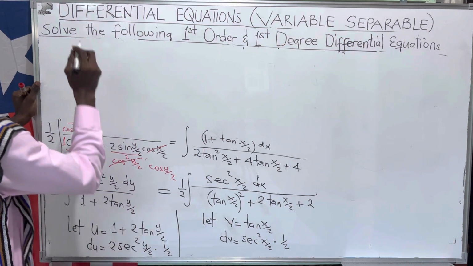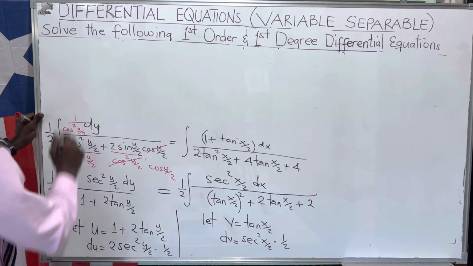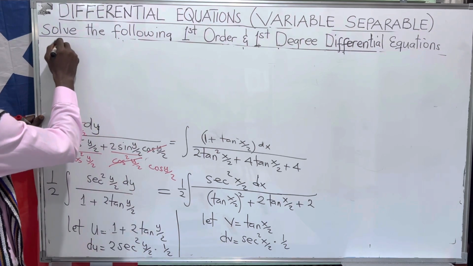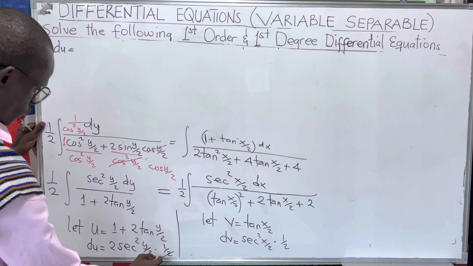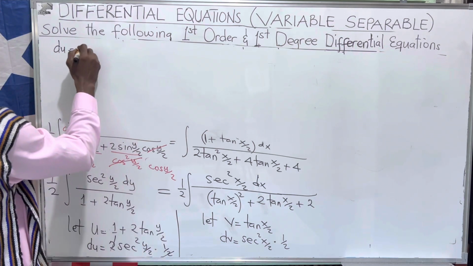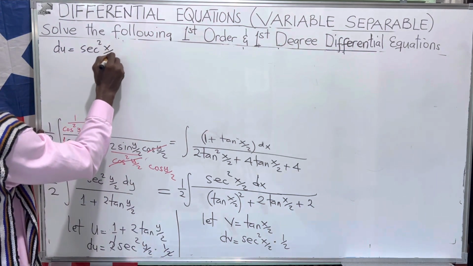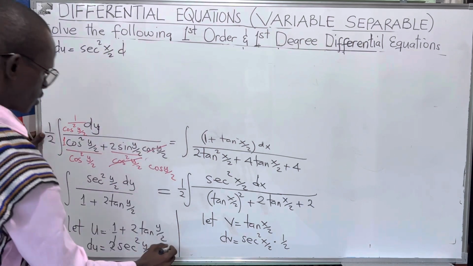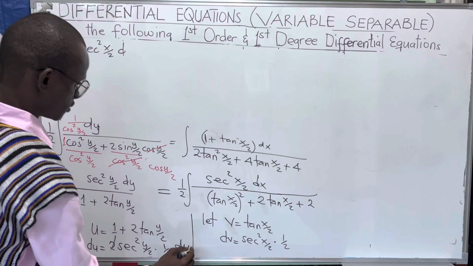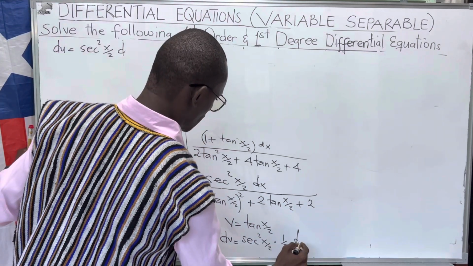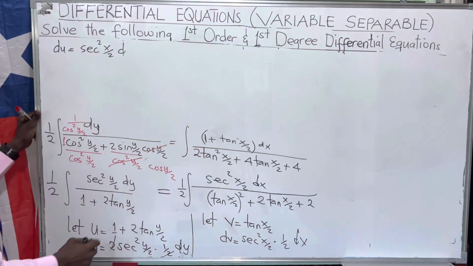So now for this one, we have du. The 2 and 2 go out, so we just have secant squared x over 2, and then attach the dy to it, because we differentiated with respect to y and here with respect to x.